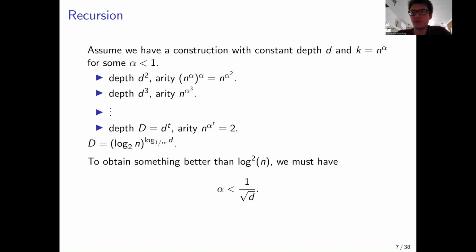It would be nice if it would at least give us something better than square. Hopefully it might get something which is more or less close to optimal, but who knows? To achieve at least something better than the square, you can see that alpha should be smaller than 1 divided by square root of d.